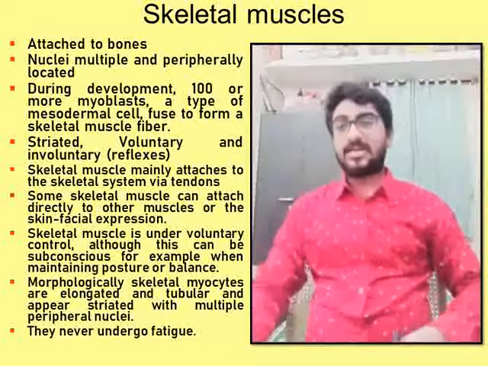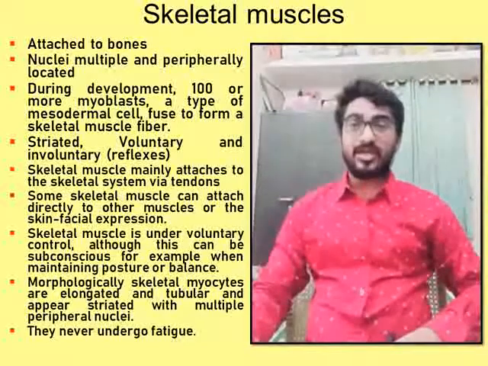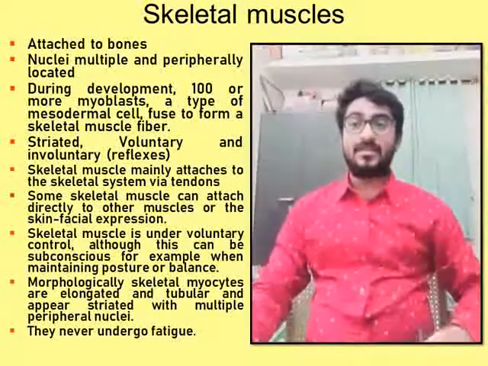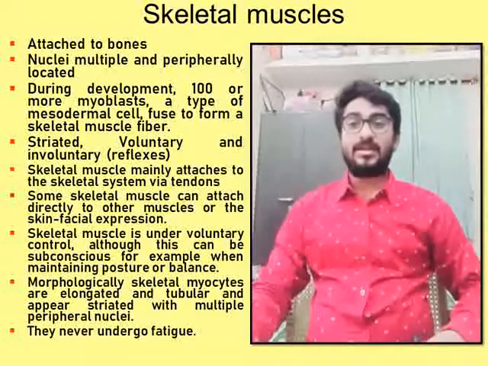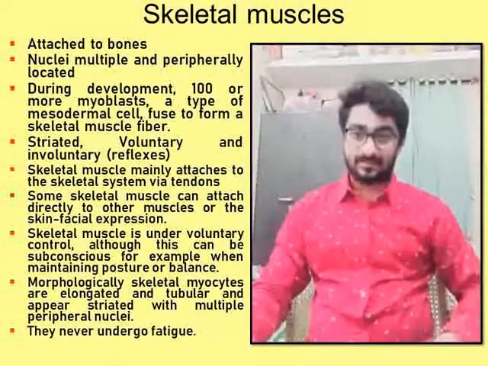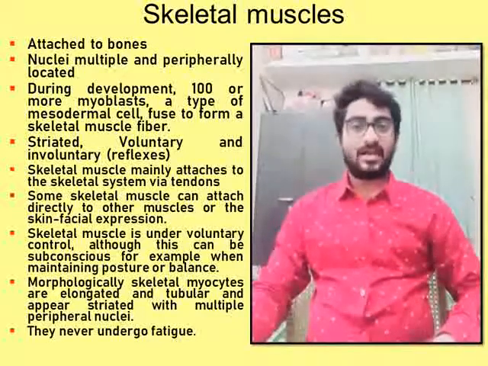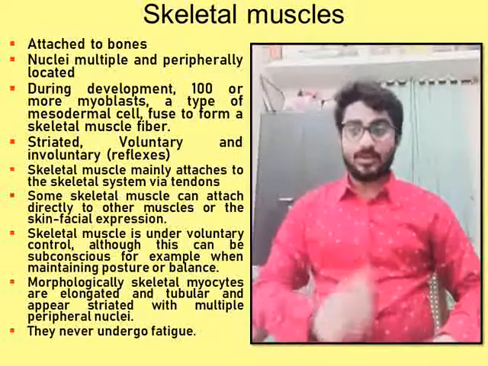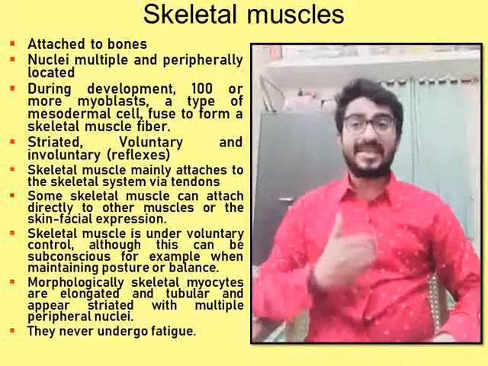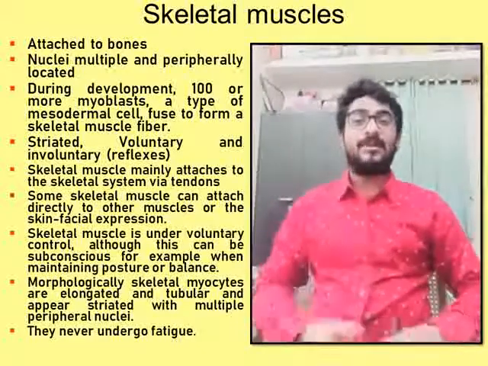As I told you, skeletal muscles are under voluntary control, although this can be subconscious, for example when maintaining a posture or balance. So morphologically, skeletal myocytes are elongated and tubular and appear striated with multiple peripheral nuclei.